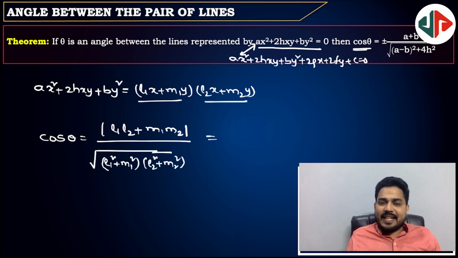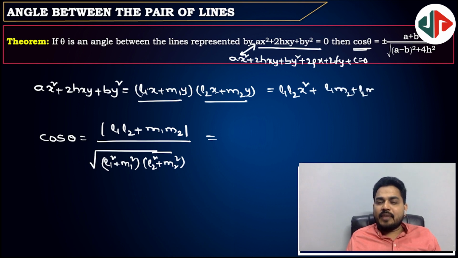So this is the comparison. What are you going to get? L1 L2 x square plus (L1 M2 plus L2 M1) into xy plus M1 M2 y square.